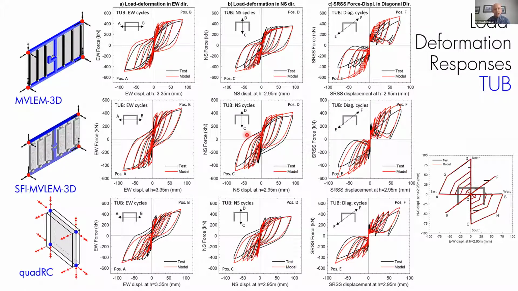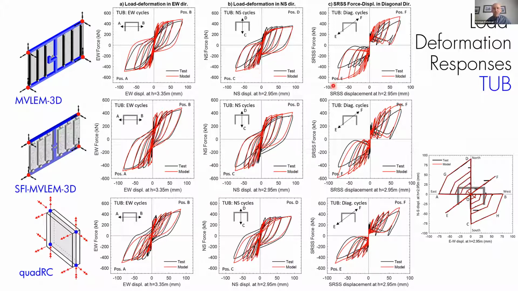I can observe that MVLEM 3D has this funny shape here where maybe unloading doesn't match super well. SFI MVLEM does a better job in terms of that. So it's obviously something related to shear behavior, because SFI couples shear and flexural, and this one is uncoupled. So this really depends on the shear stiffness you put in there. But in the other direction also, it's a pretty good match, I would say.